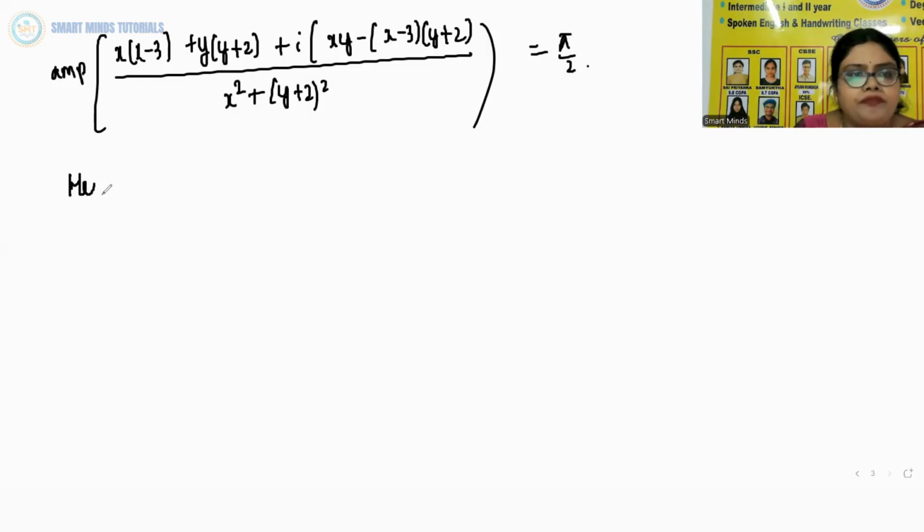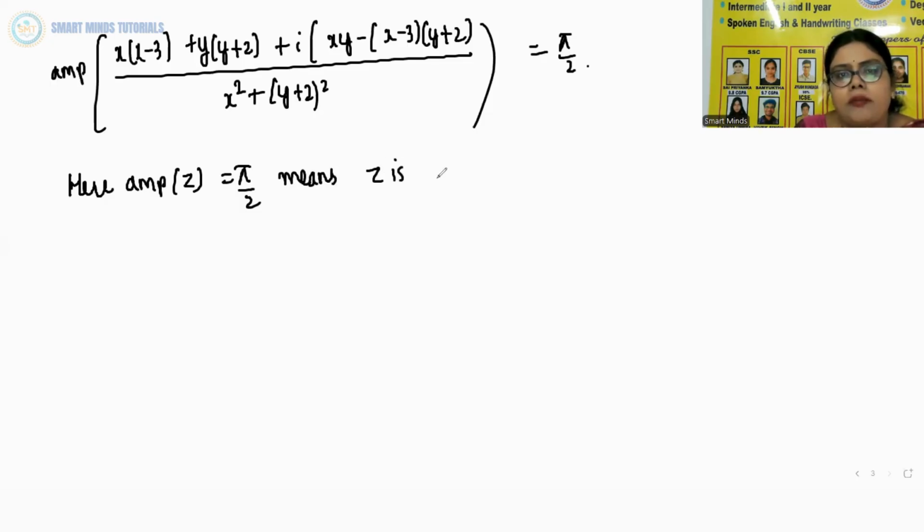Now here, amplitude of z is pi by 2 given, which means z is purely imaginary. So amplitude is 90 degrees, which means z is purely imaginary. Z is purely imaginary means its real part is 0.